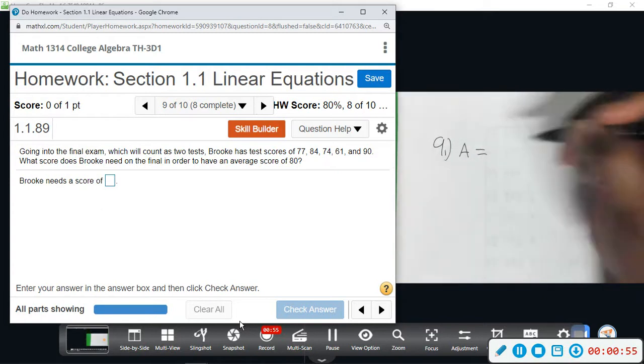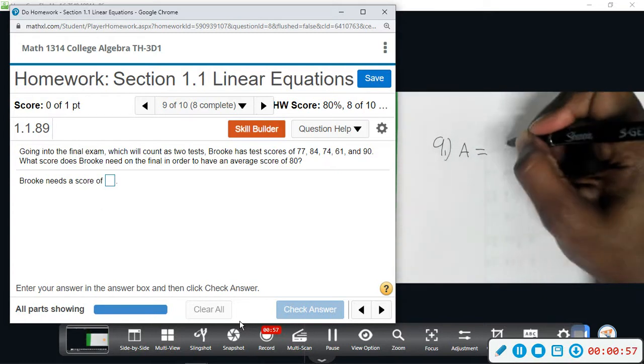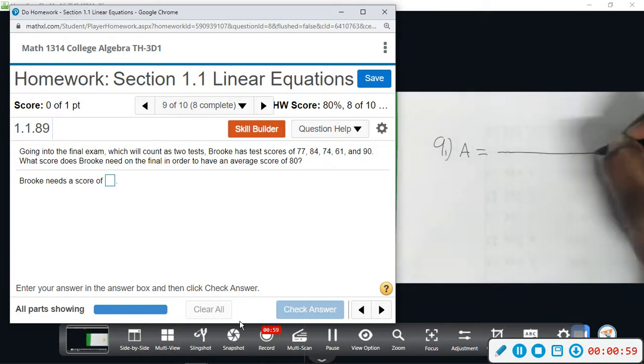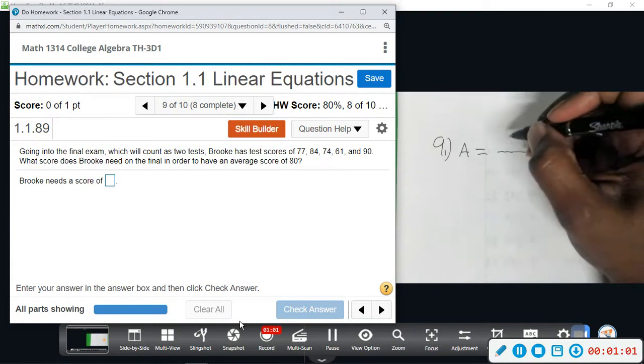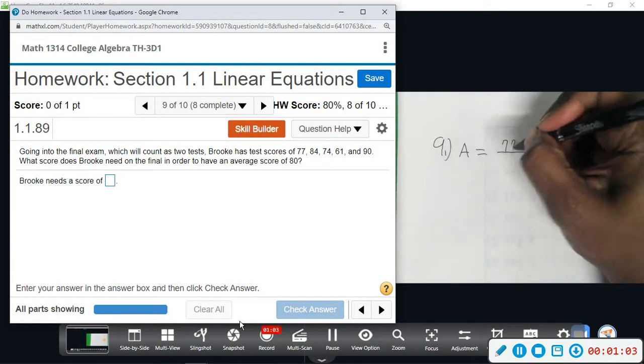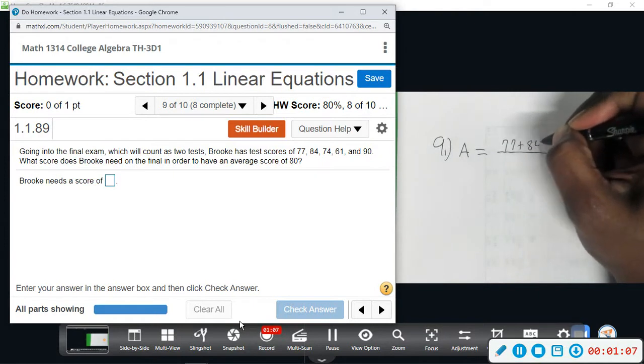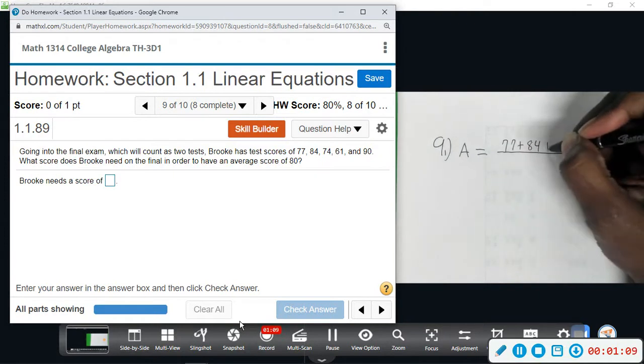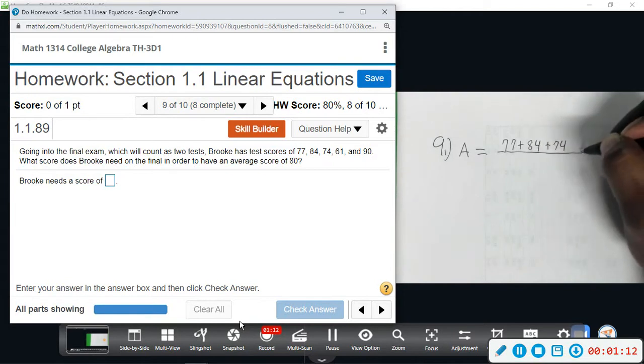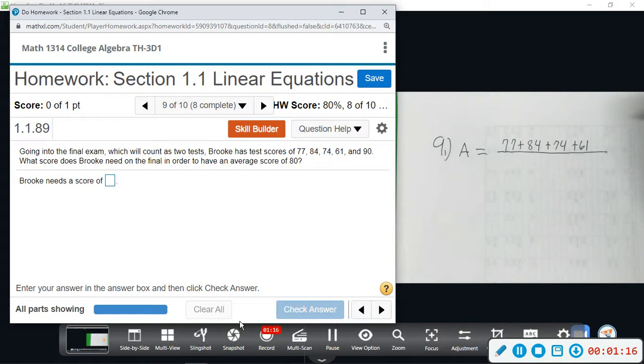That is going to equal all of our test grades, which we have right now, divided by the total. 77 is 1, plus 84, plus 74, plus 61, and then plus 90.